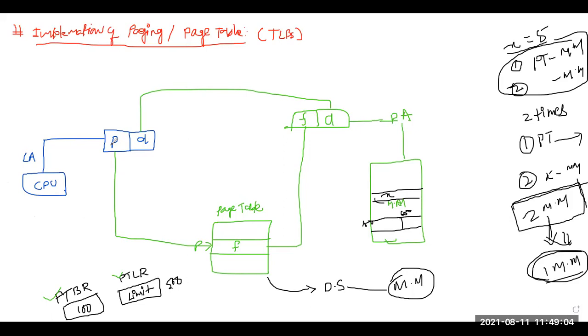The CPU has to access the main memory two times. One for the page table, because as the page table is a software or logical representation or a data structure, it has to be stored somewhere. So it is stored in the main memory.